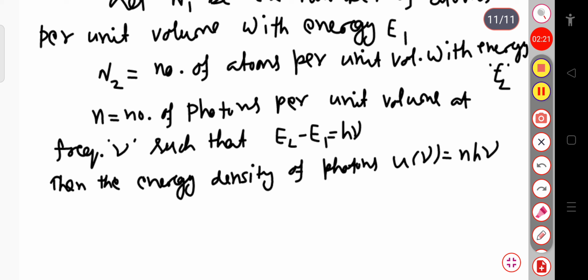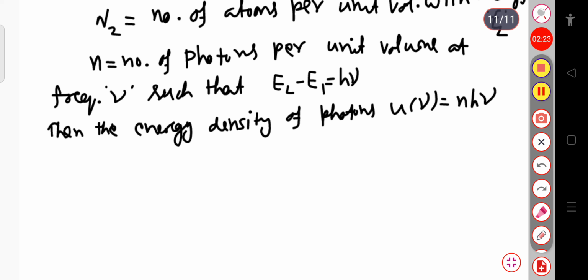And we have already discussed in our previous class that when this photon interacts with the atom, it may be for the absorption or for the emission, the transition will occur.